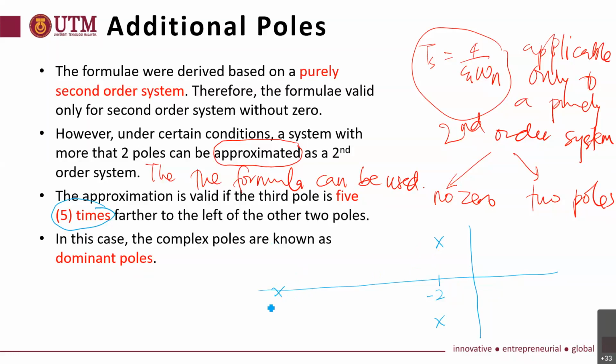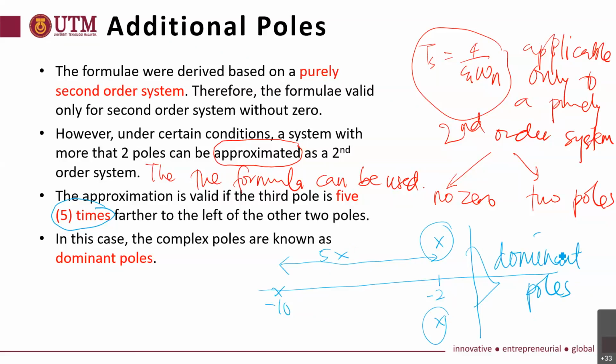That is, at least minus 10. From here to here, 5 times. If this is the case, then we can approximate the system as a second order system. In that case, these 2 poles are known as dominant poles. They are dominant. The other one is not dominant. That's why we can approximate as a second order system.